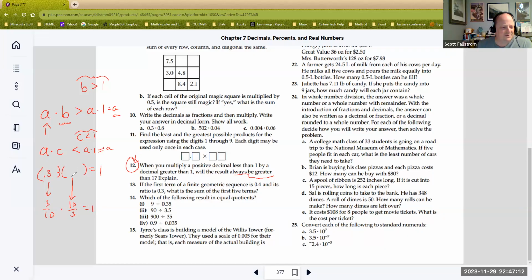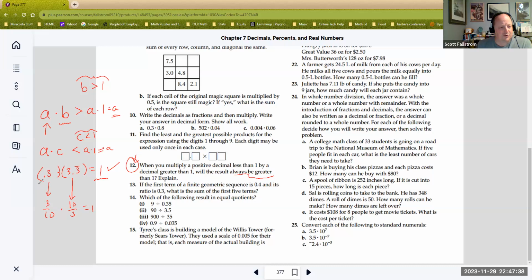When you're dealing with decimals, it's a little bit more complicated. You do have to convert this into a decimal, and we would get something like 3 1/3 remaining, which would be 3.3 repeating. So is it possible to multiply a decimal less than 1 by something greater than 1 and get back to 1 itself? And the answer is yes, we could. Now, you got to pick the values, though.